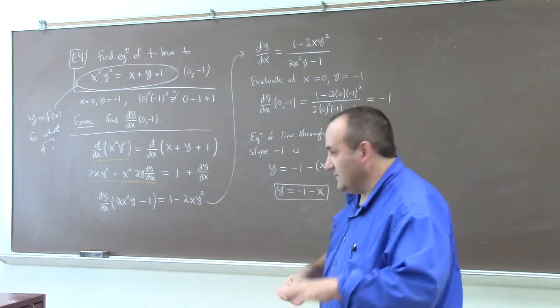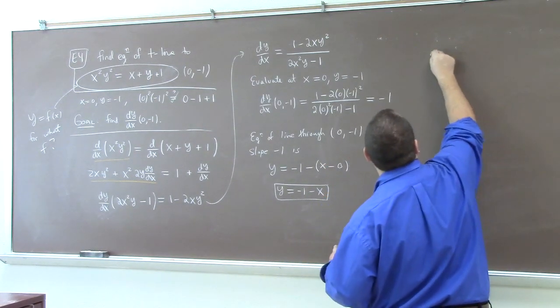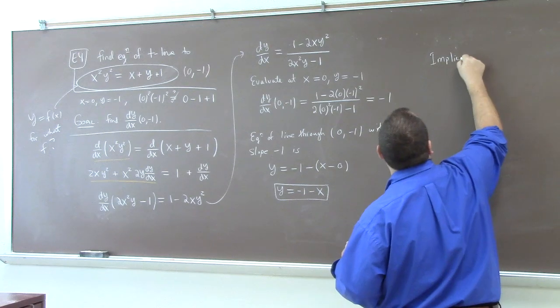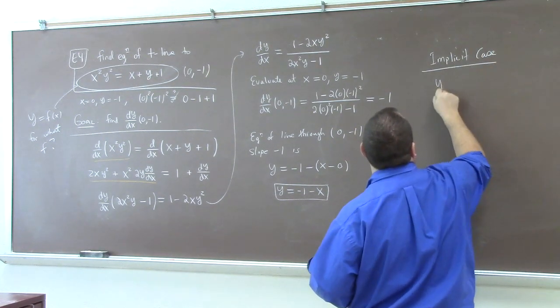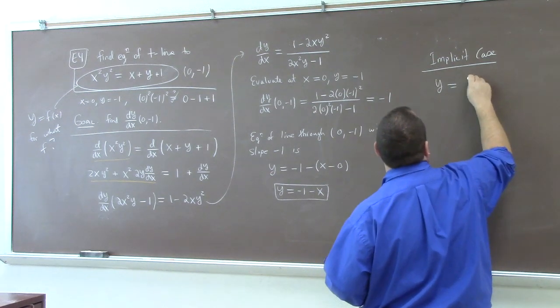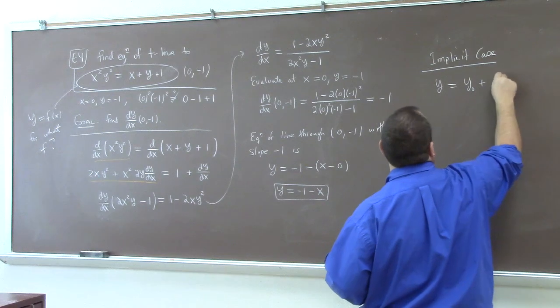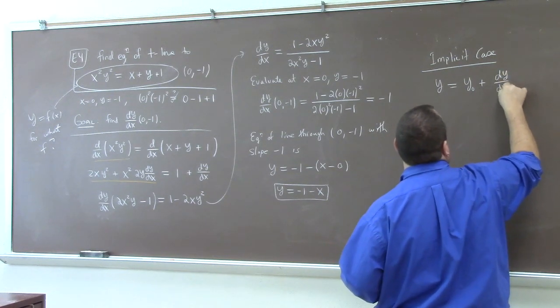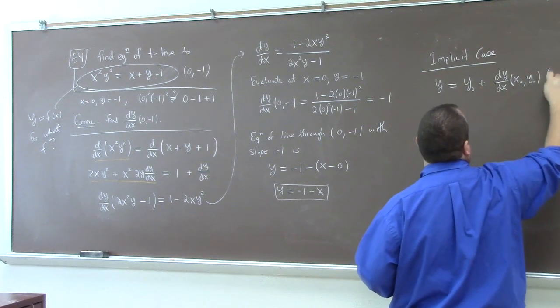So for the implicit case, the way it works is you say y is equal to y naught plus dy dx at the point x naught, y naught, times x minus x naught.